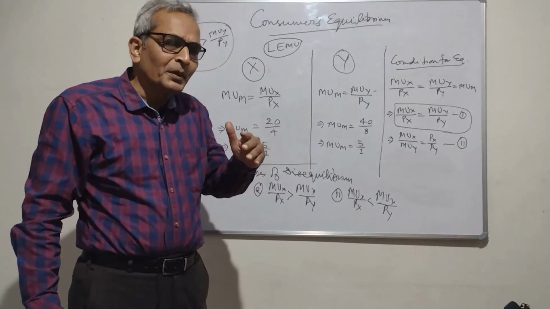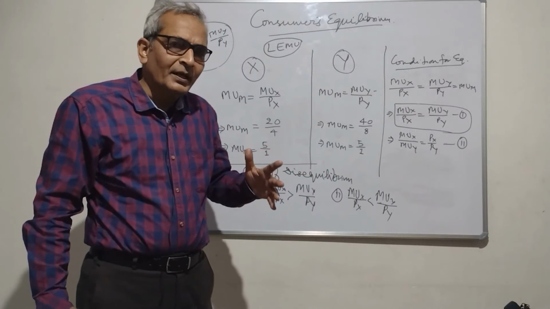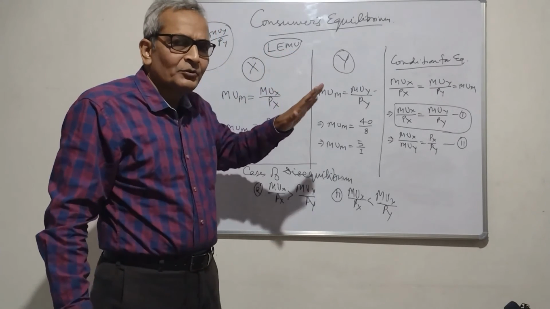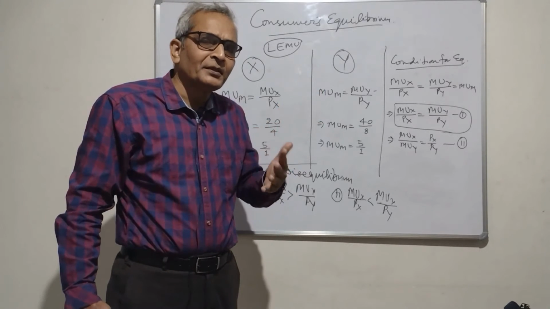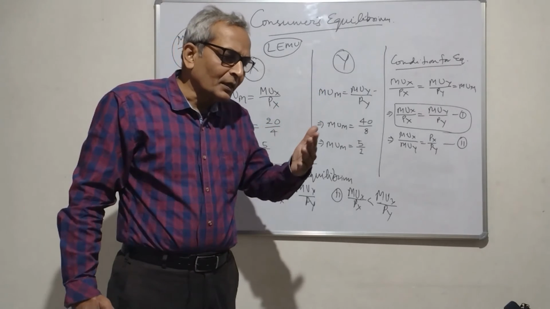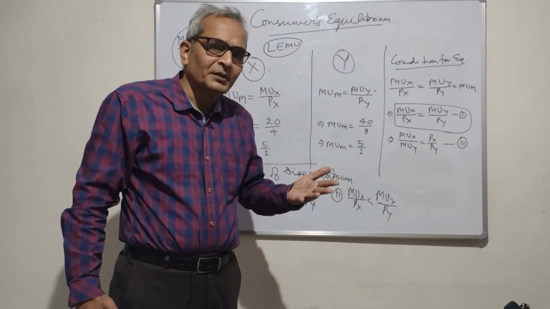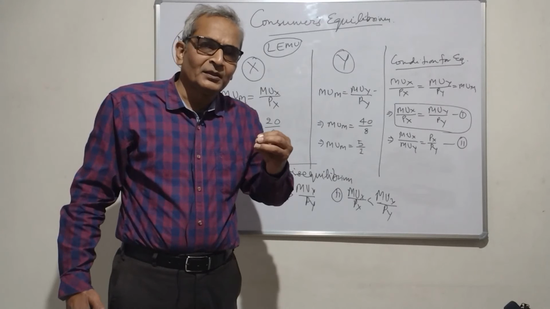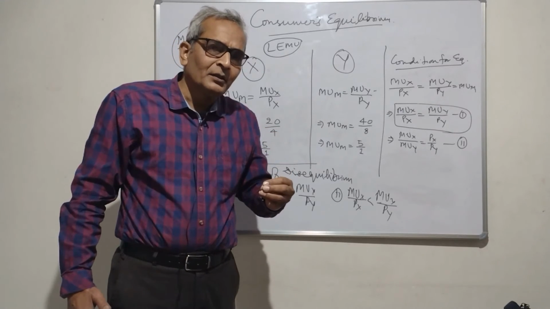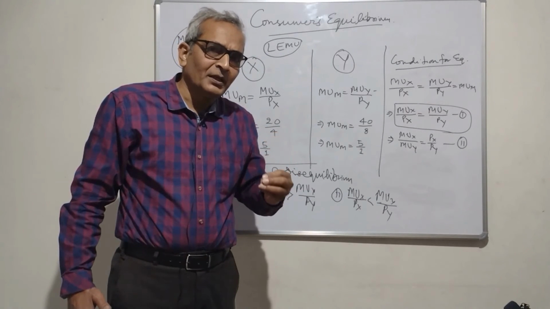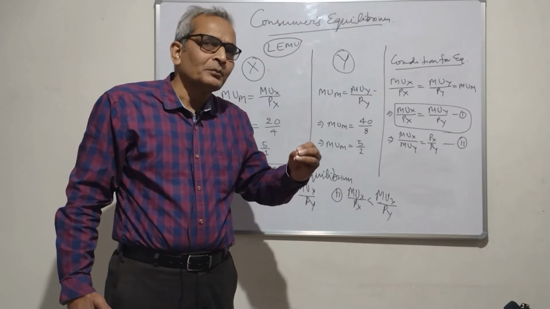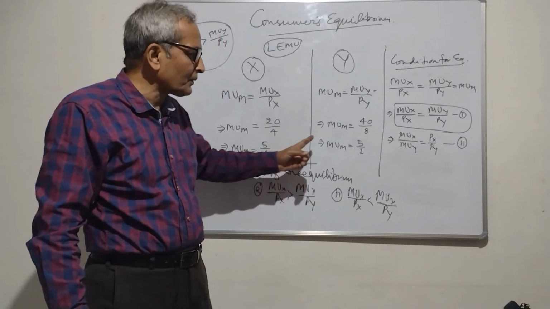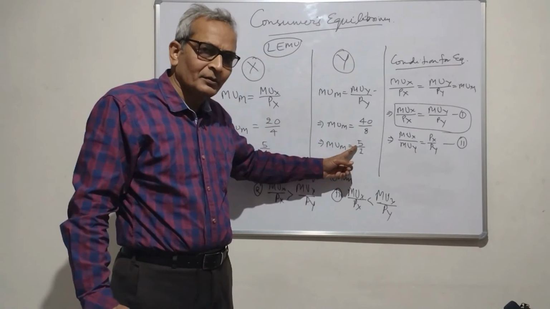So, the point to remember is that as per the law of equimarginal utility, when the consumer is consuming two commodities, the consumer's equilibrium is at a point of consumption where the marginal utility of money derived from both the commodities is the same, as here in this case it is 5 in both the cases.